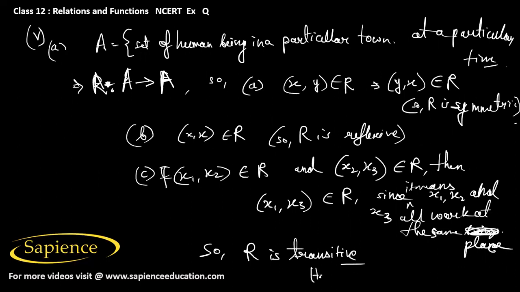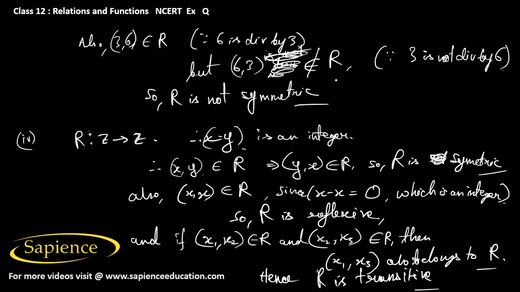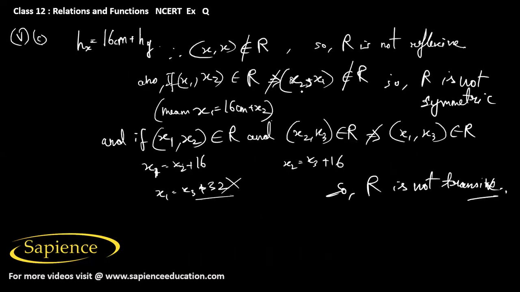So here also the relation R is an equivalence relation. So hope you have understood the concept, how to find if a given relation is reflexive, symmetric, or transitive. So thank you.